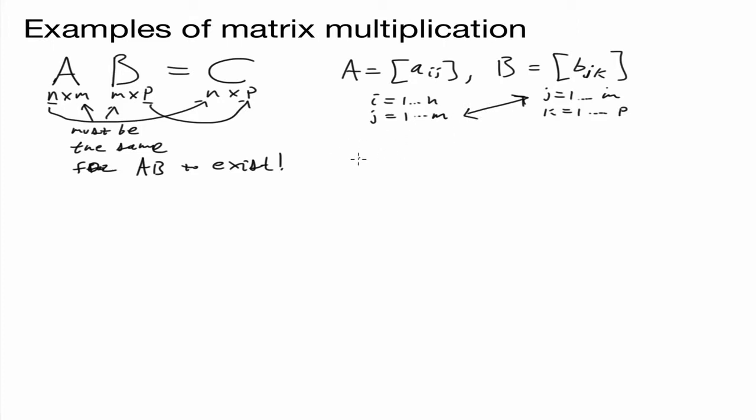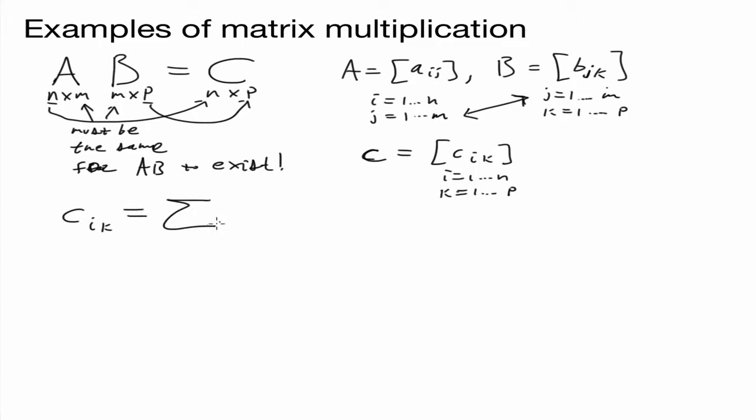And then, of course, the matrix C is Cik, where i is going to run from 1 all the way to n, and k is going to run from 1 all the way to p. In general, the theory of matrix multiplication says that Cik has to be equal to the sum from j equals 1 all the way to m of Aij times Bjk.